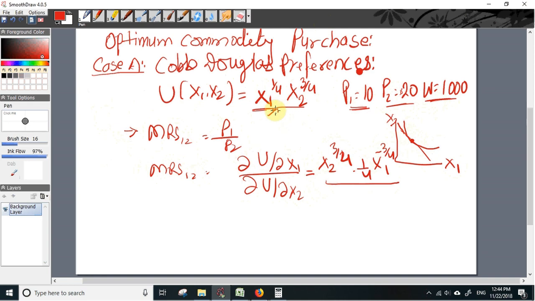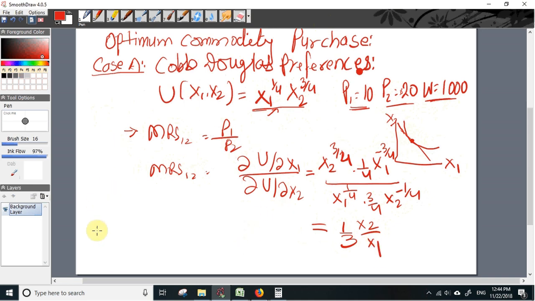While differentiating with respect to x2, we get x1 to the power 1/4 times 3/4 x2 to the power minus 1/4. By simplifying this expression, we get 1/3 times x2 over x1.